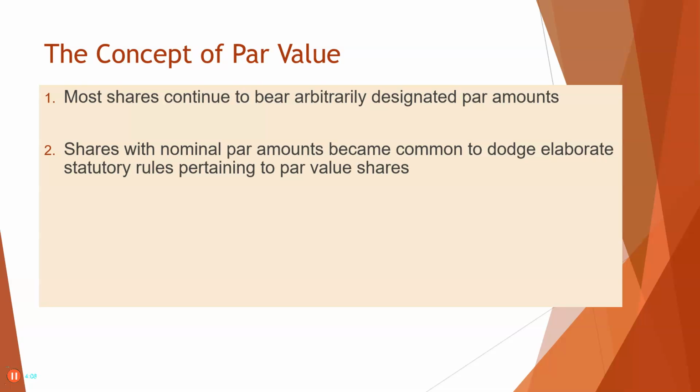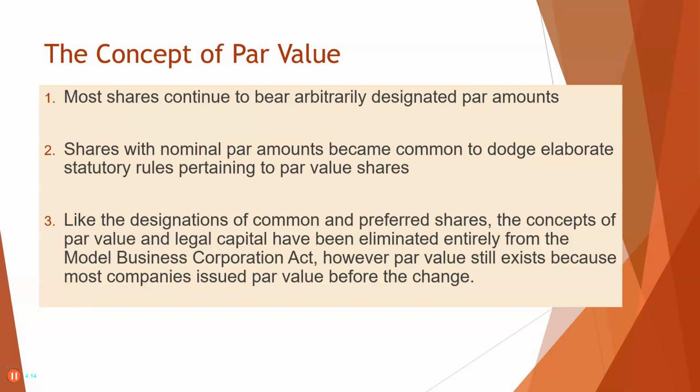So then, of course, what corporations did is they set the par value as like a penny or half a penny. Now, like the designations of common and preferred shares, the concept of par value and legal capital have been eliminated entirely from the Model Business Corporation Act. However, if you look at a lot of companies' financial statements, you'll see they still show par value.